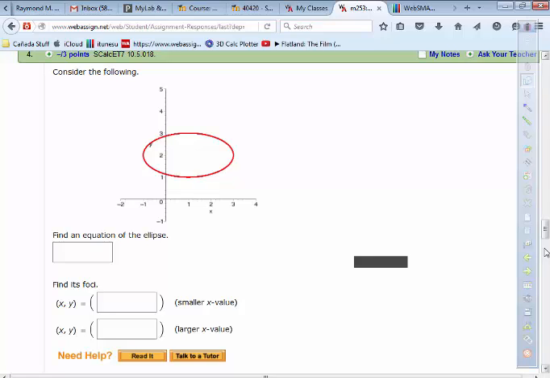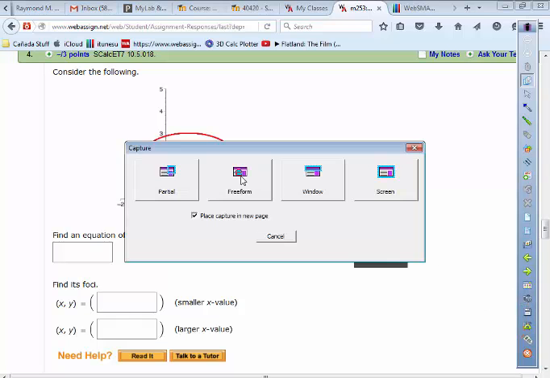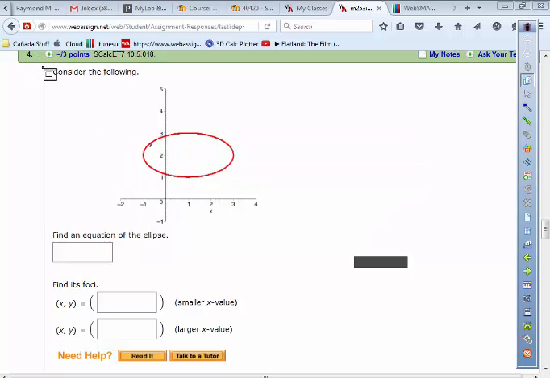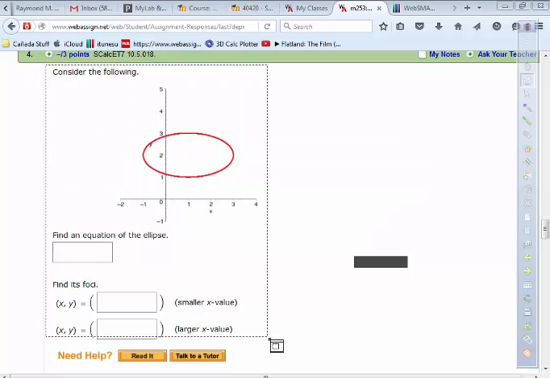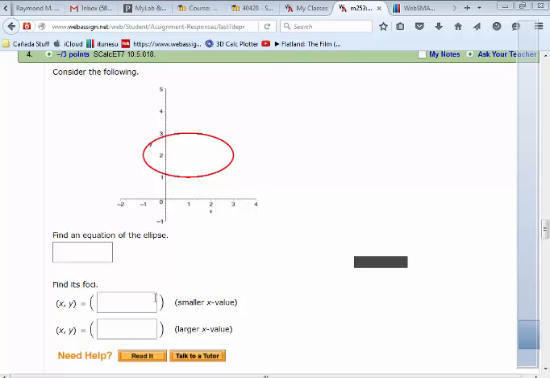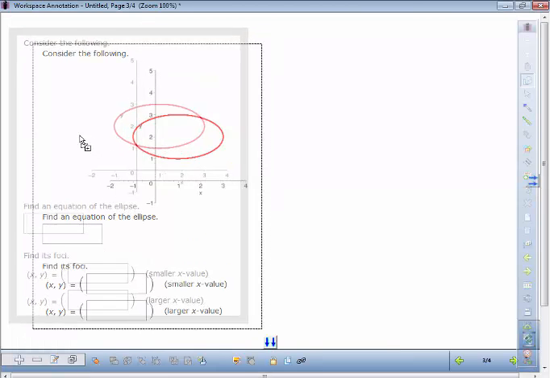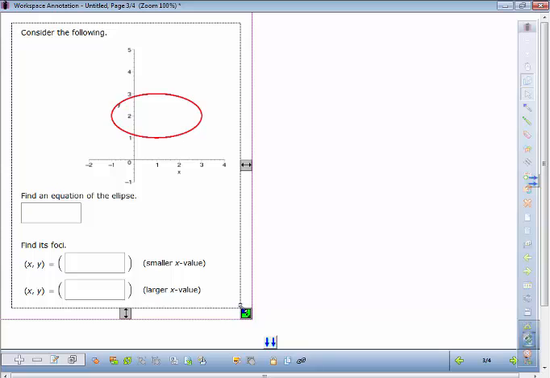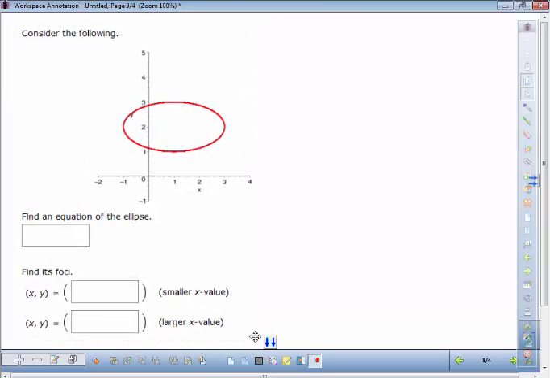This one, for example, consider the following. Find the equation of the ellipse and its foci. So let's see if we can do this problem. What we're going to need to do is essentially go backwards from what we're used to doing, where we have an equation and we complete the square and identify different things. This time, we're going to go backwards a little bit.